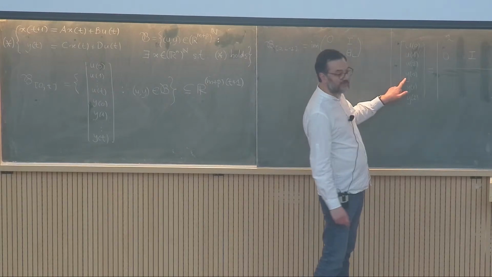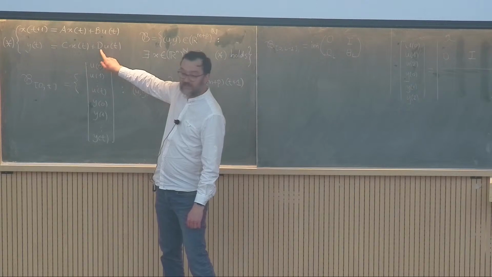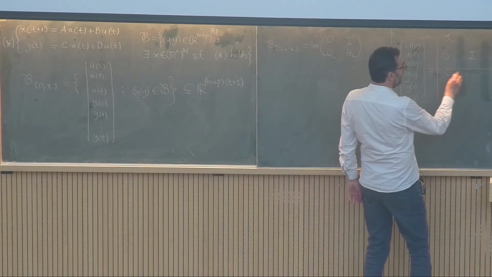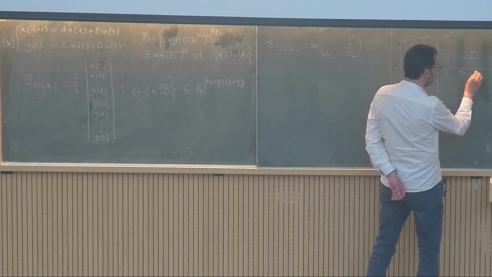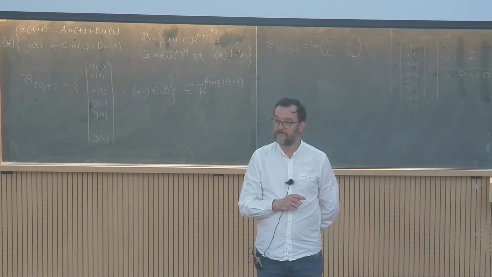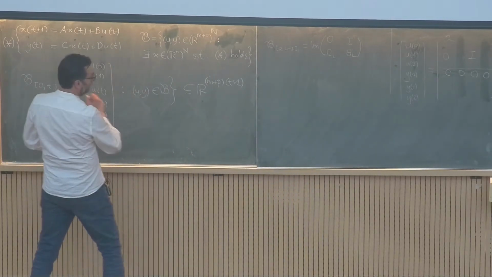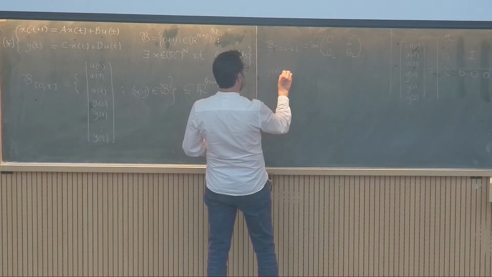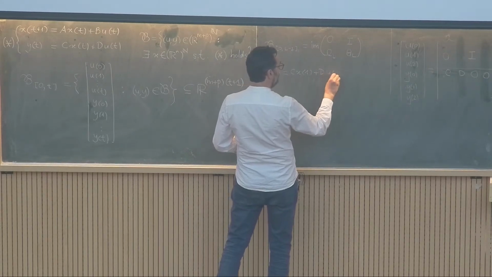Let's look at y0. y0 is equal to c of x0 plus d of u0. So it is c of x0 plus d of u0. And then comes zeros here. Right? What is y1? y1 is equal to c x of 1 plus d u of 1.